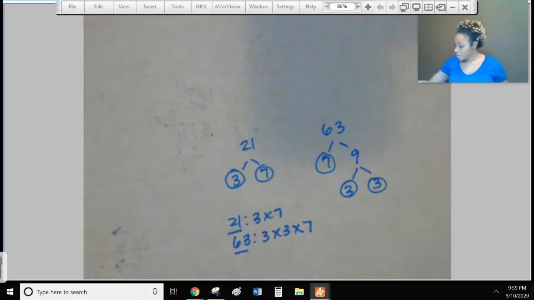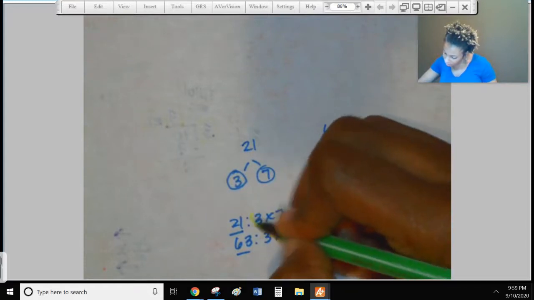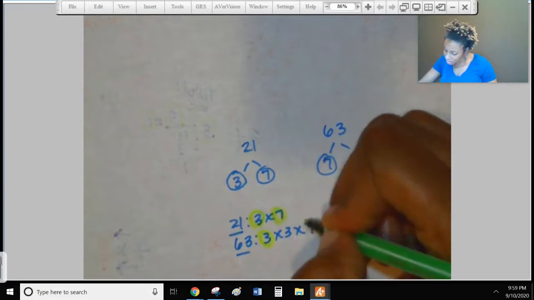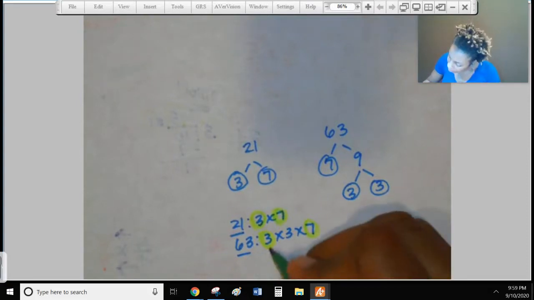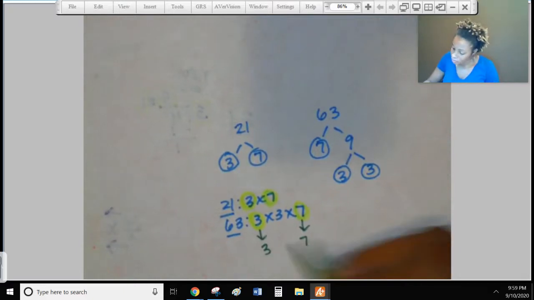What do they have in common? I see that there is a 3 in both lines, and I see that there's a 7 in both lines. So each one of those will get a representative. So a representative of 3 and a representative of 7. I take those two and multiply together to get 21.